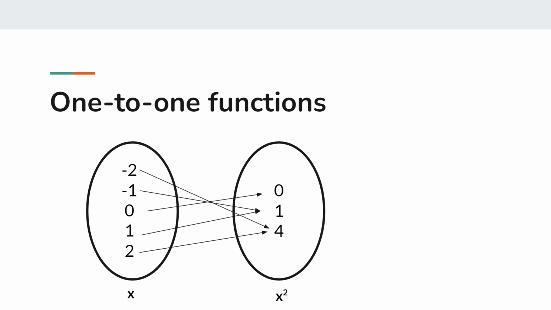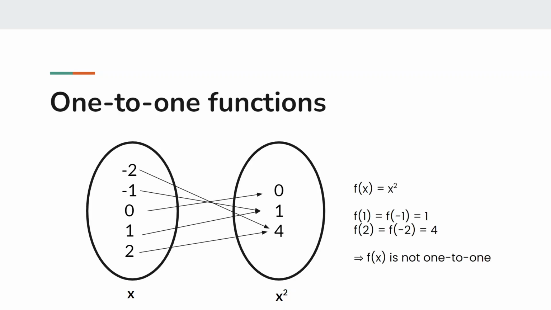Do you think this is a one-to-one function? Of course not, because f of 1 and f of negative 1 are both 1, and f of 2 and f of negative 2 are both 4. We can conclude that f of x is not a one-to-one function.